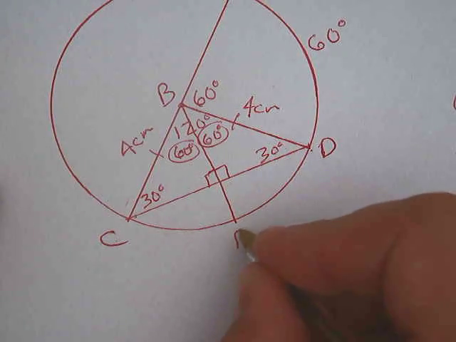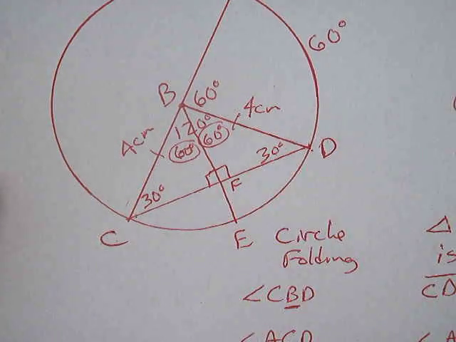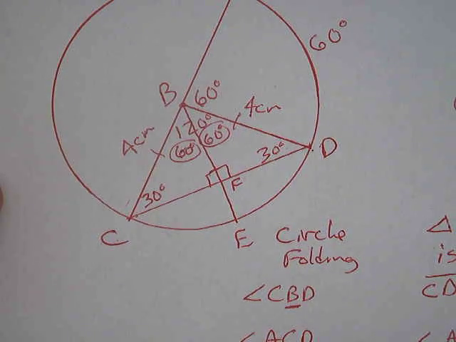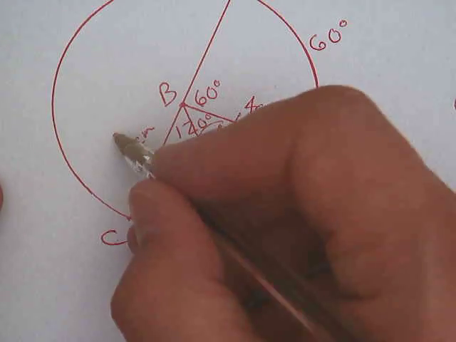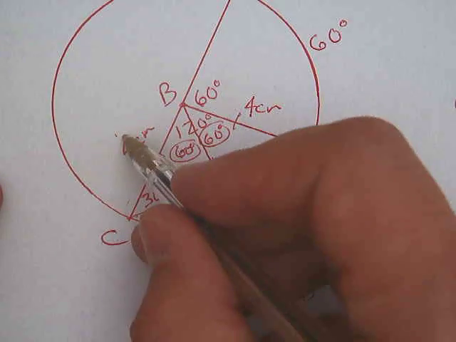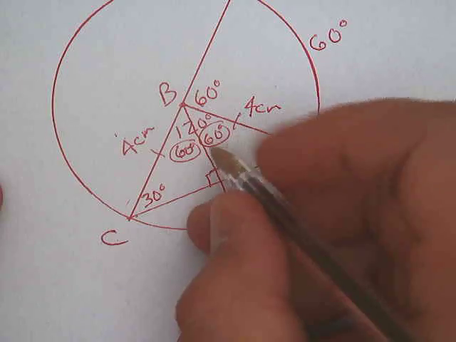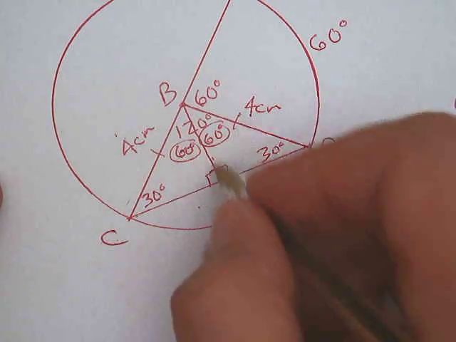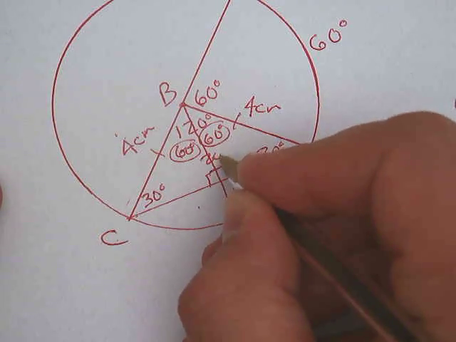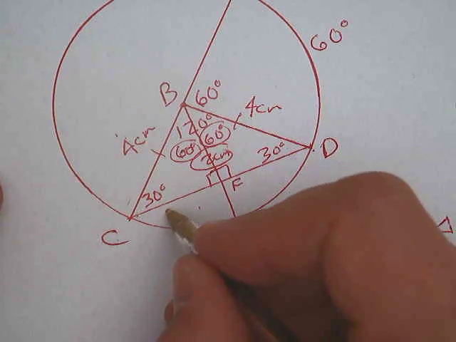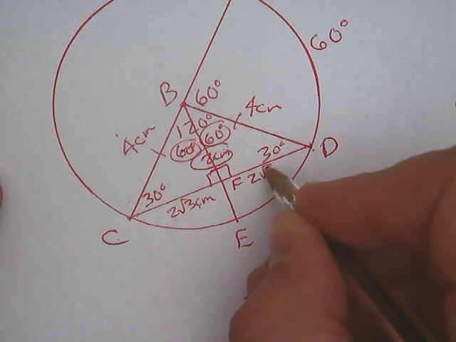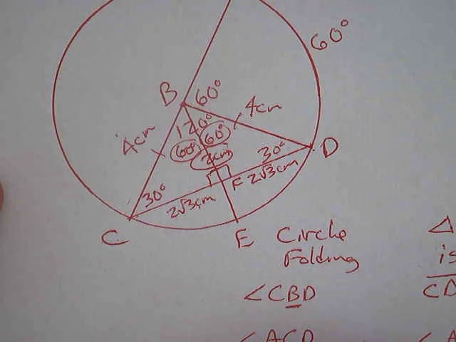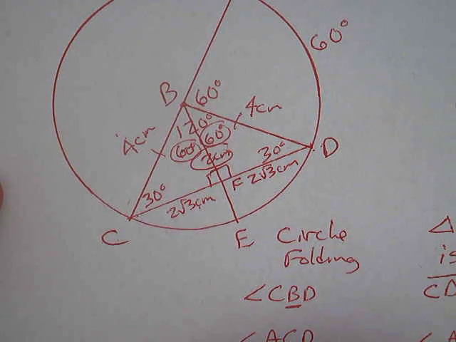So this is a 30, 60, 90 triangle. I'm going to label this E and this F. Again, it's not drawn to scale. Well, this again is a 1, 2, square root of 3 triangle. So if this is 4, that means that this side is half of 4, so this is 2 centimeters. And this is 2 square root of 3 centimeters. This is 2 square root of 3 centimeters.